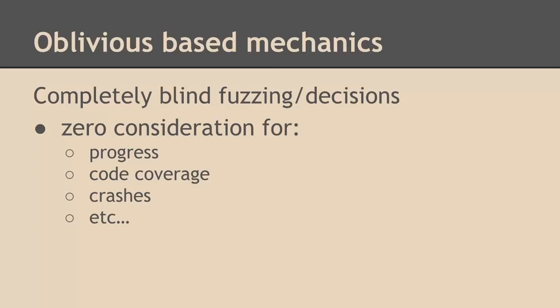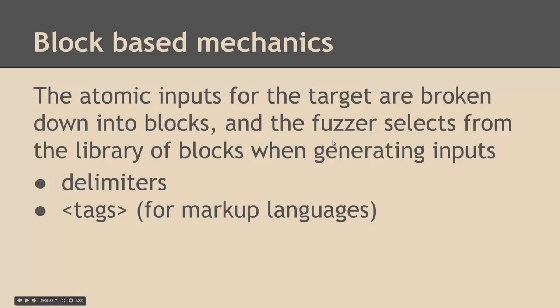There's zero consideration for progress, code coverage, or what may solve the constraints better, if it is done in this way. You can still use random mutation in a smart manner, but if you do it without any consideration for these, this is considered oblivious or blind.